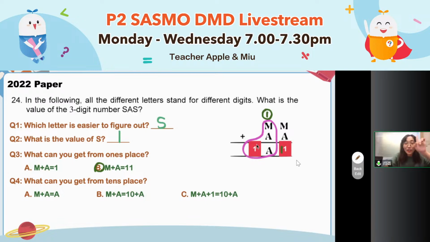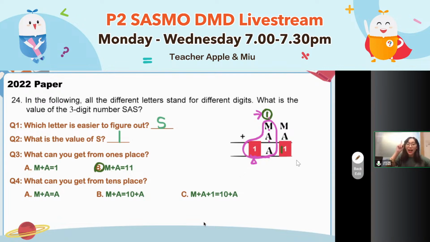After you circle it, you see there is one more digit place, right? And after that, we can get M plus A. And also, you need to add the carryover from ones place. So that is M plus A plus 1 equals 10 plus A. Why? Because here you see 1 is in the next place. Understand now?